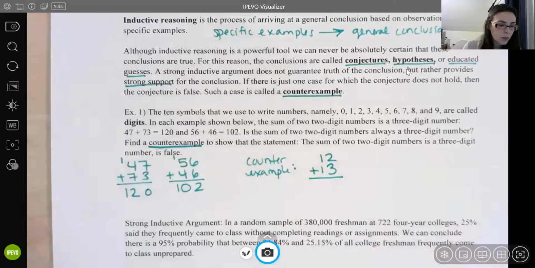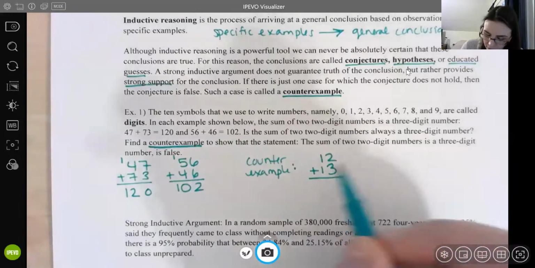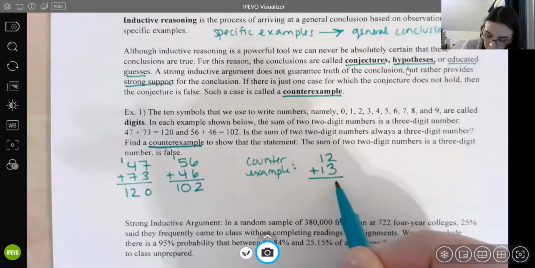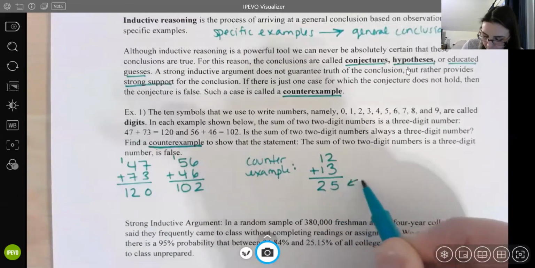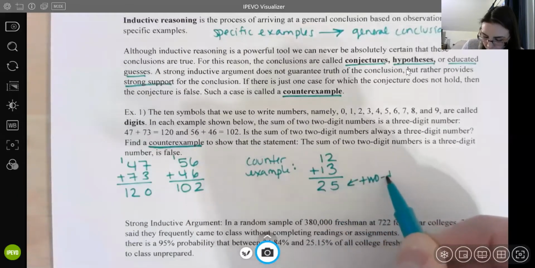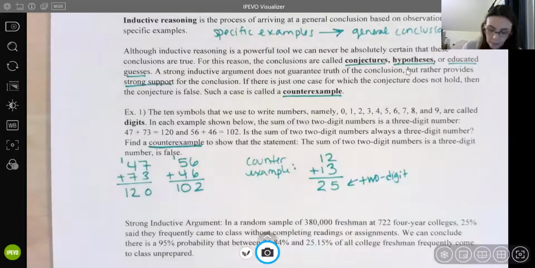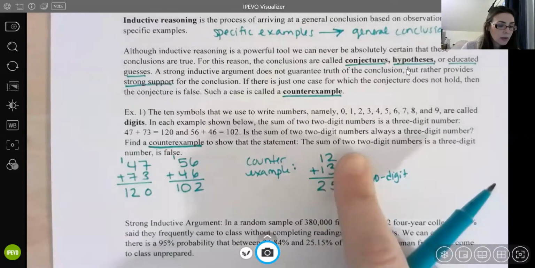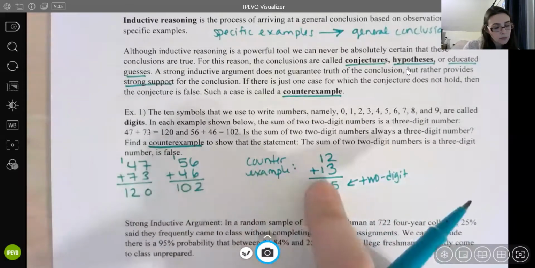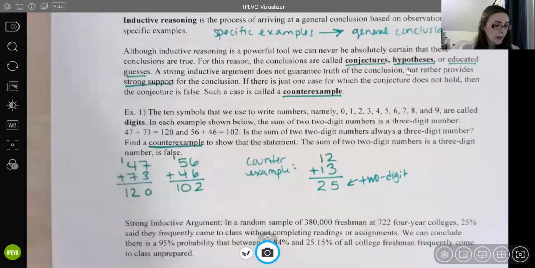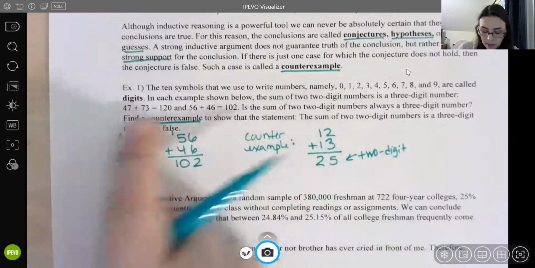Right, so those are two-digit numbers, and I'm going to add them together. 3 and 2 is 5, 1 and 1 is 2, and what happened was my answer was not a 3-digit number, but a 2-digit number. So this is false. We don't always get 3-digit solutions. Sometimes we can get a 2-digit solution, right? So this is a false statement here.